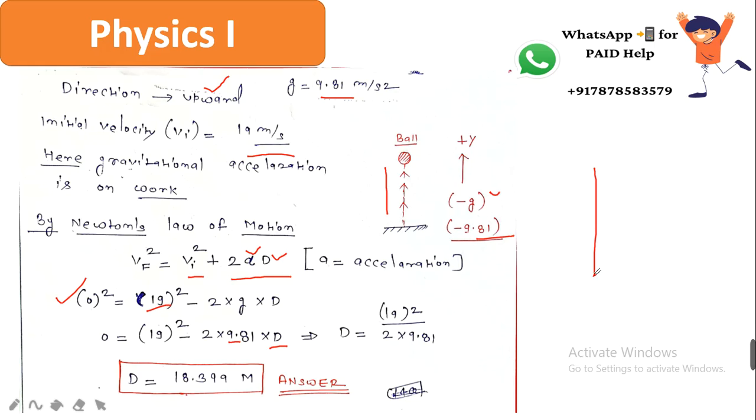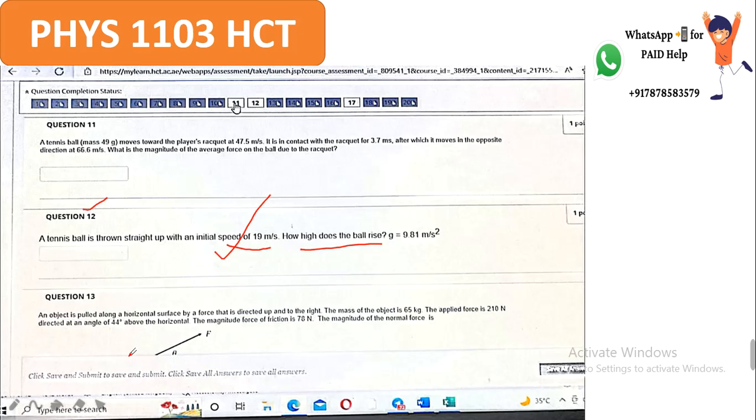If we simplify it, d equals 19 squared divided by 2 times 9.81, so the overall distance covered is 18.399 meters. That will be our answer. In this way we can calculate the vertical height achieved by the ball.